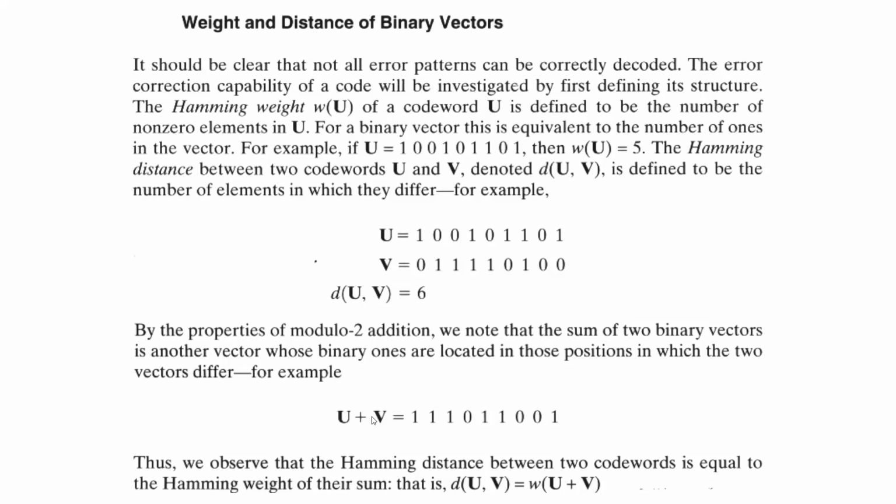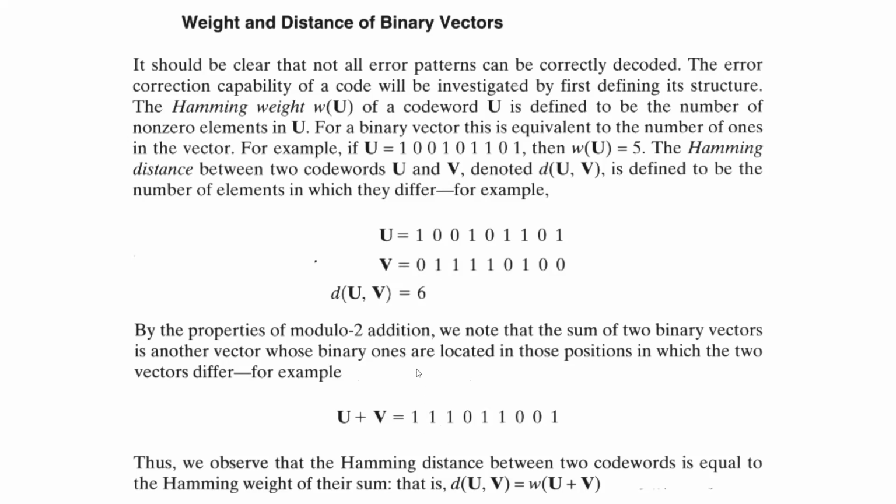Okay, so what is the distance between these two code words? If you do the modulo addition, that will actually be another code word in the same code book. So what is the meaning? What is the weight of this addition? The weight is 6. How has this vector come? By the addition of these two vectors. The addition of these two vectors gives us the distance between the two code vectors.